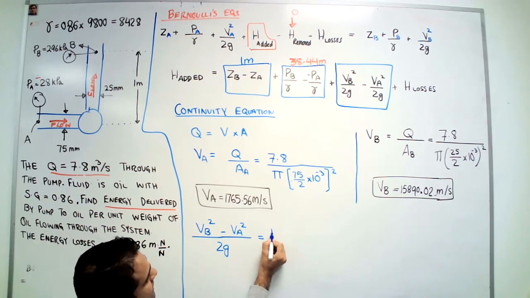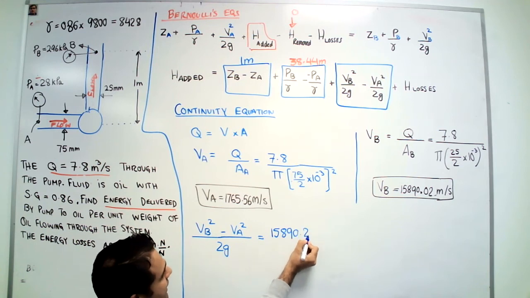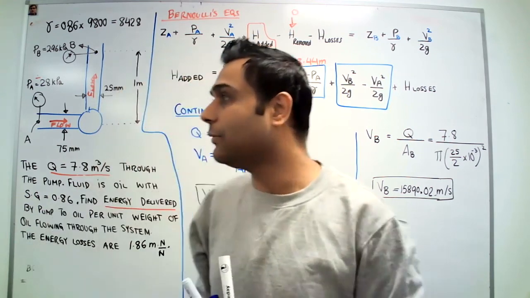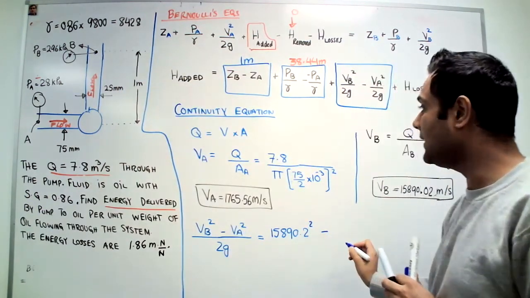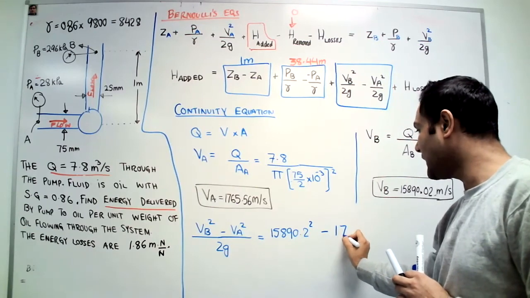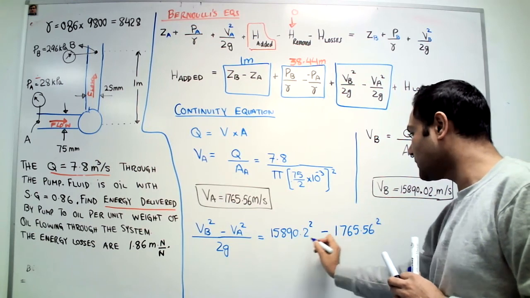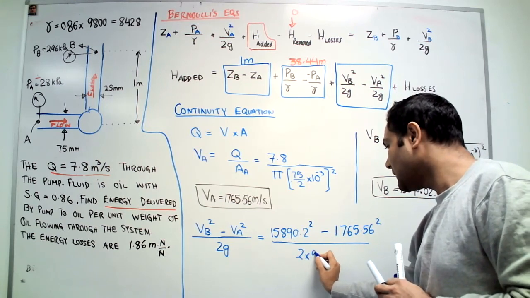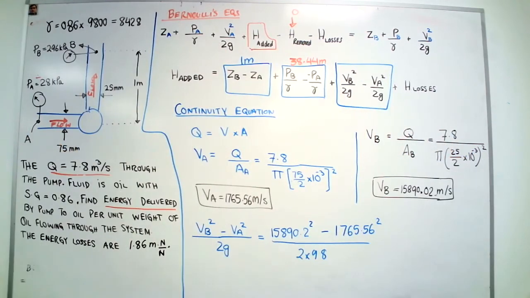So VB is 15,890.2, and if you square that one, minus VA, which is 1765.56, and square that one, divided by 2 times 9.8. And that will give you.